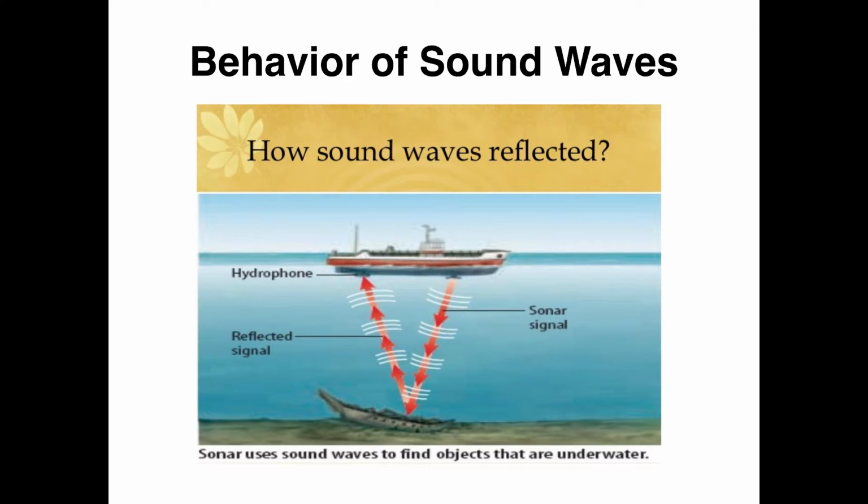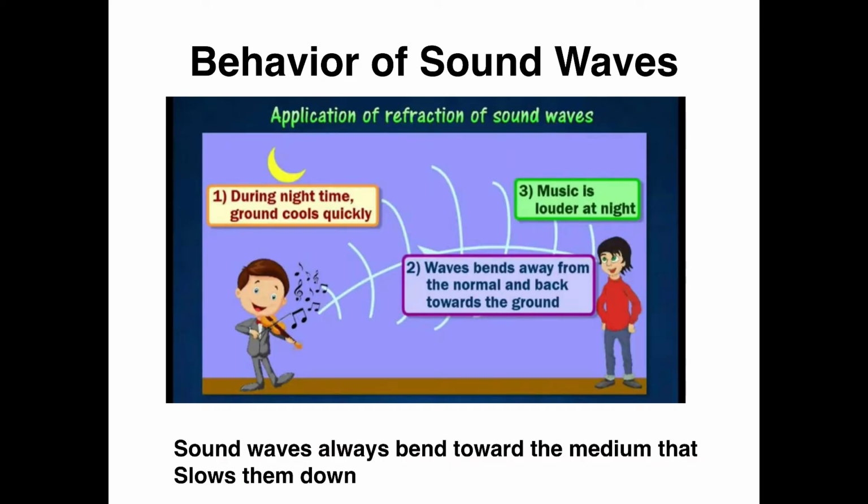Now, as it turns out, there's an interesting thing that occurs because we've been talking about sound reflection, but sound as a wave can also be refracted. And sound waves, when they are refracted, they always bend toward a medium that slows them down. So they bend toward the medium that slows them down and away from a medium that speeds them up.